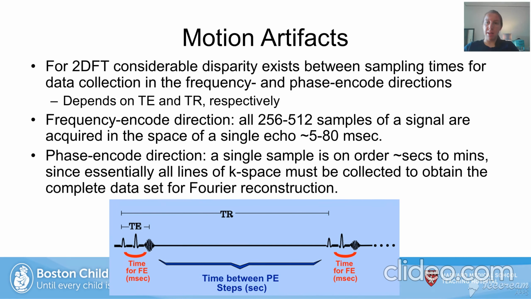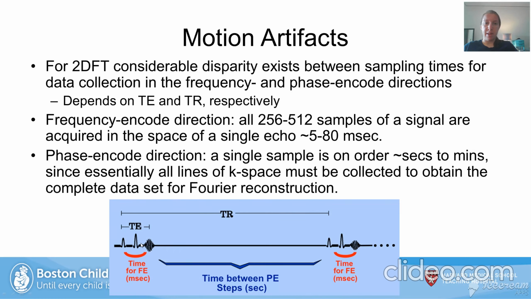This depends on TE and TR respectively. So for the frequency encoding direction, all 256 to 512 samples of a signal are acquired in the space of a single echo, which is TE, on the order of 5 to 80 milliseconds. So the TE is pretty short.